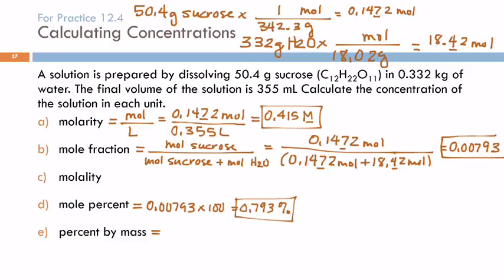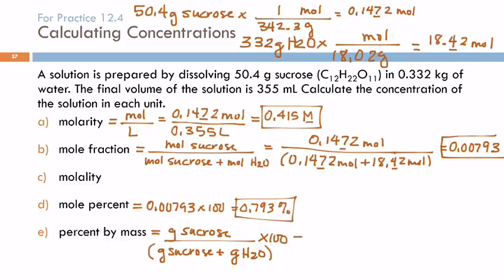So this is the mass of sucrose, so grams of sucrose divided by what? The mass of the whole solution. So that's the grams of sucrose plus the grams of water. And that is a place that students screw up a lot.